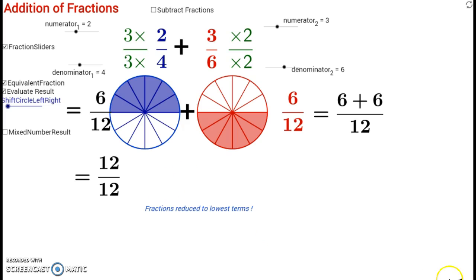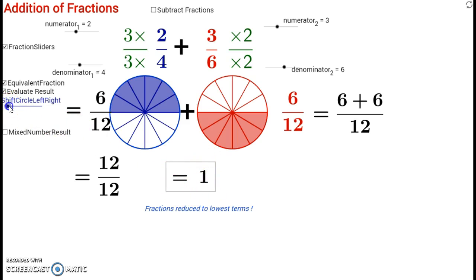Well, you guessed it, 12 and 12 are both divisible by 12. So we get 1 over 1, which is equivalent to 1. Whenever your numerator and your denominator are the exact same number, your answer will always be 1.